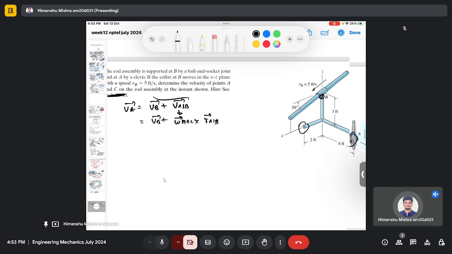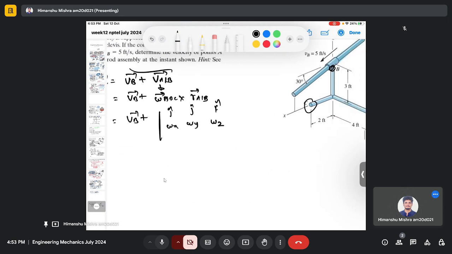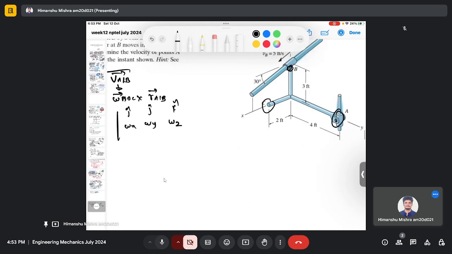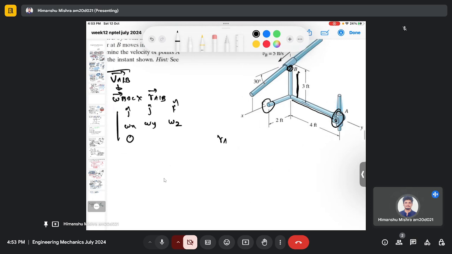Right, so it's a similar problem here. We can write this equation in matrix form. RAB can be given as 4 feet in the y direction and 3 feet in the z direction. So RA with respect to B is 4j minus 3k, so it's 0, 4, minus 3.